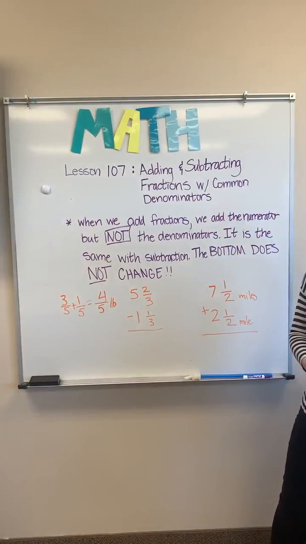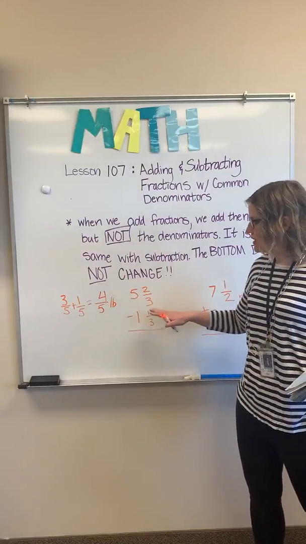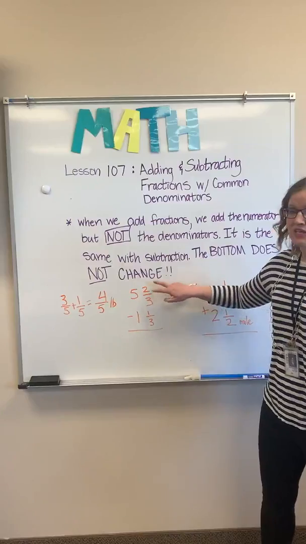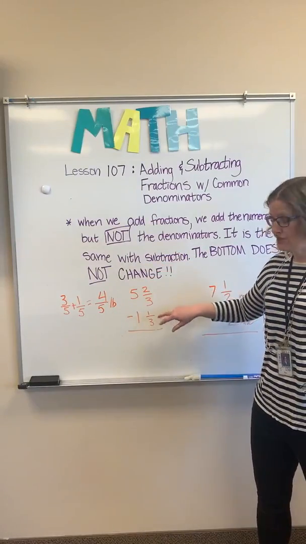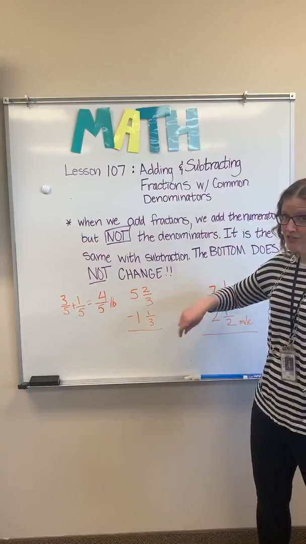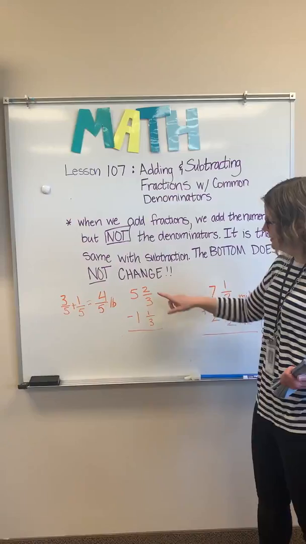Our next one is one where we have mixed numbers. Question we have to ask ourselves, can we do this? Our denominator is 3. Our denominator right here is 3. It's a go. So we're not afraid.